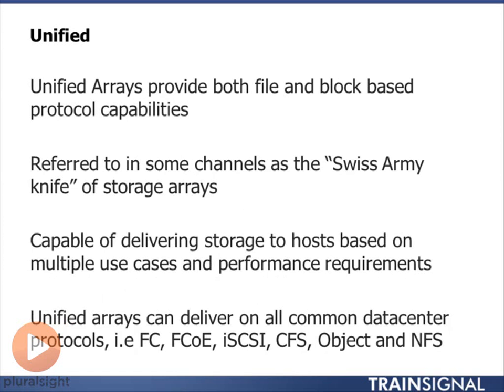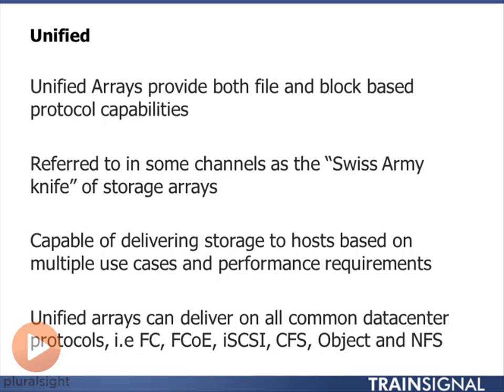Unified is the best of both worlds. The beauty of unified systems is that they provide both file and block-based protocol capabilities. I've heard it referred to as the Swiss Army knife of storage arrays. Most unified arrays, if they're able to provide both file and block-based protocols, can really deliver to multiple use cases and performance requirements. That's the beauty of them.